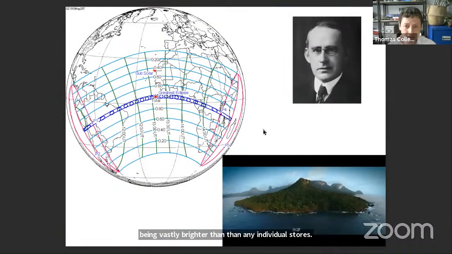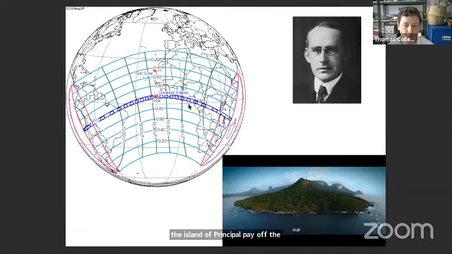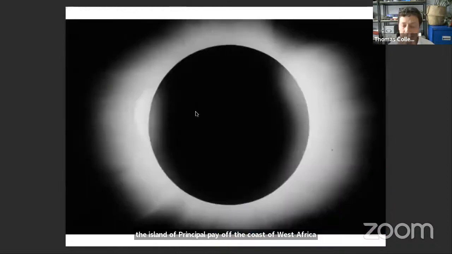So back in 1919, as I said, Arthur Eddington wanted to test this prediction of general relativity. And I believe that this expedition was funded by the Royal Astronomical Society, sending two teams, one to Sobral in Brazil and another to the island of Principe off the coast of West Africa to measure the deflections of stars near to the solar limb.